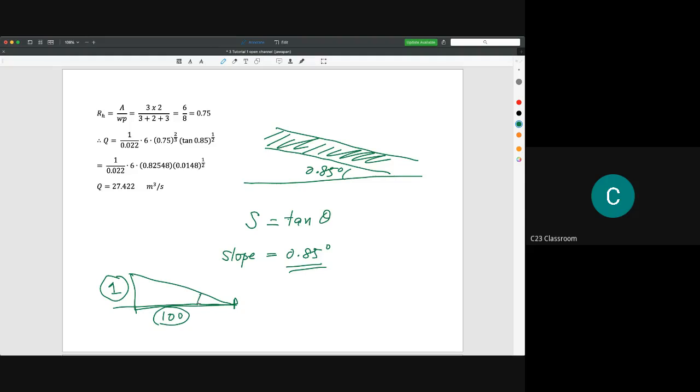So if you say 1 in 100, it becomes 1 over 100, and this calculation actually refers to the tangent. Saya harap awak tidak melakukan kesilapan, kerana ada beberapa ketika pelajar hanya menggunakan 0.85 sahaja.